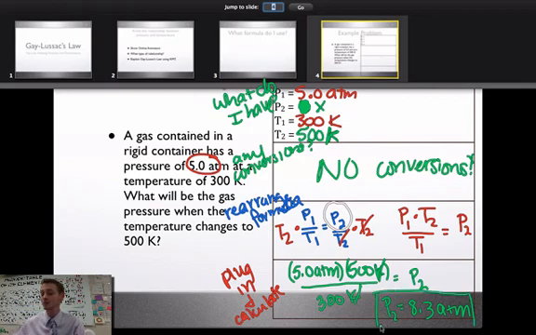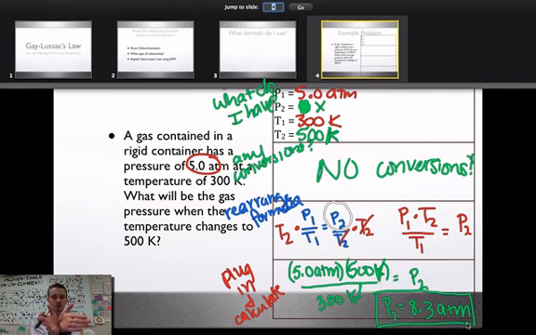Something I didn't really mention in the Charles's law video, and I'm not sure I mentioned in the Boyle's law video, is that there really is a fifth step if you're a good test taker. We have Gay-Lussac's law, a direct relationship. In my problem, I saw an increase in temperature. If my temperature increases, what is going to happen to my pressure?